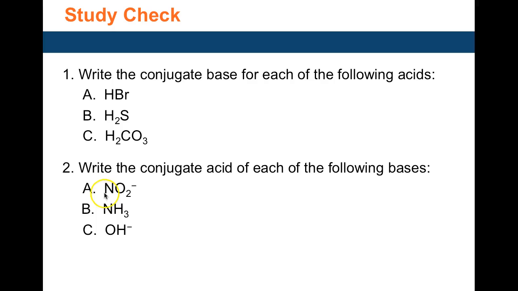Add an H plus to this. You're adding a positive, it already has a negative sign, they cancel, so it becomes HNO2. Add an H plus to this and it becomes NH4 plus. Add an H plus to this and it becomes H2O, water. H plus and OH minus are basically water, H2O.